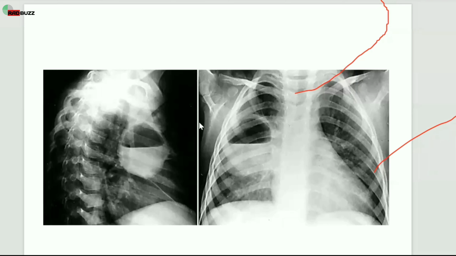This is the same as well. We have an air fluid level, that means the air is above and the fluid is down because of the density. We can see this oval shaped lesion is similar in appearance in both projections, with an air fluid level in between, and that's typical of an abscess.